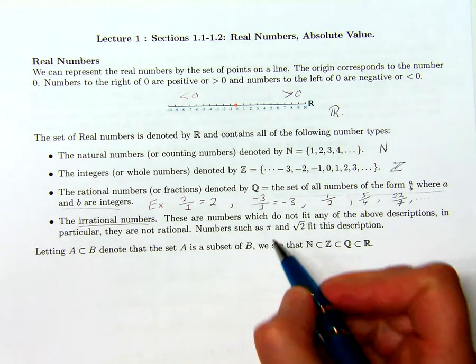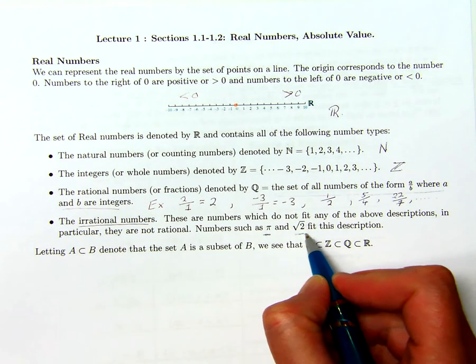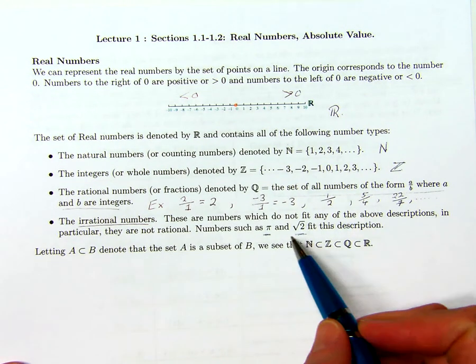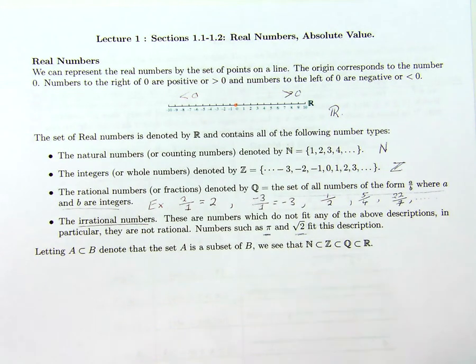You probably already are familiar with some of these. Pi is one and the square root of 2 is another. They cannot be written as fractions of whole numbers. In their decimal expansion, the decimals go on forever with no repeated pattern.